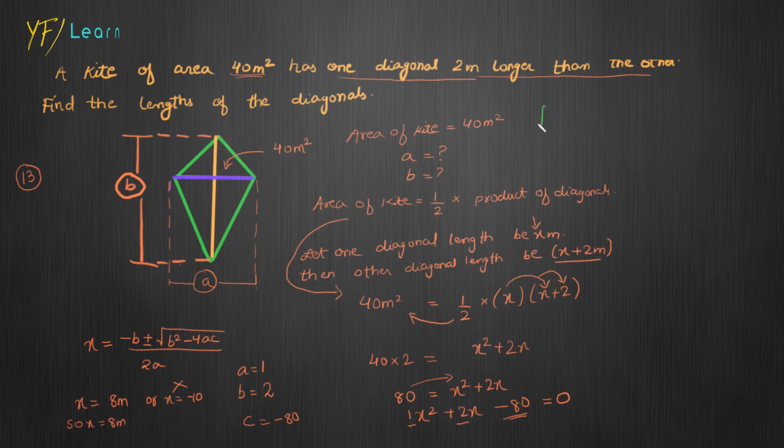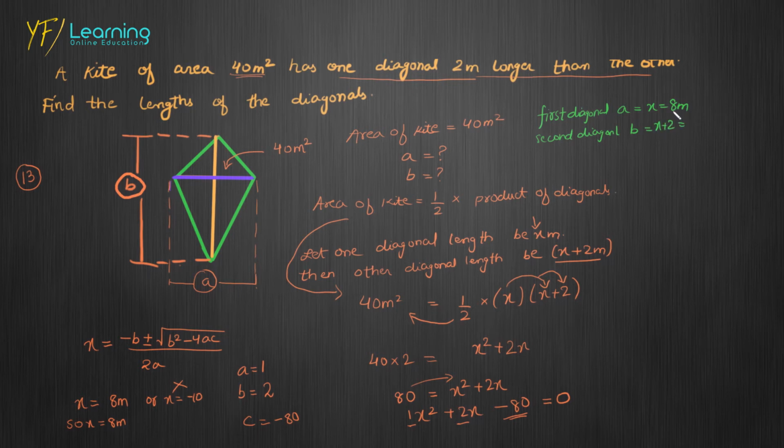So the first diagonal length is A, and A equals x, which equals 8 meter. The second diagonal, the longer one, is B, and B equals x plus 2.